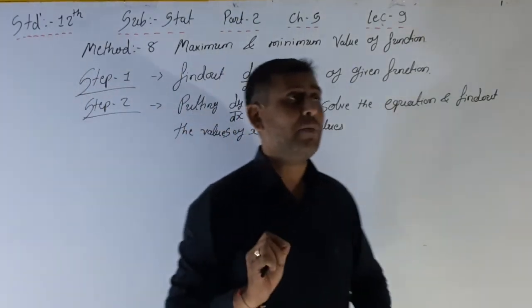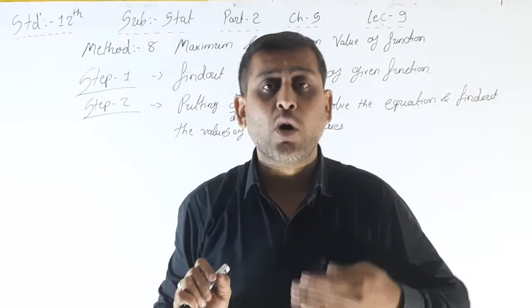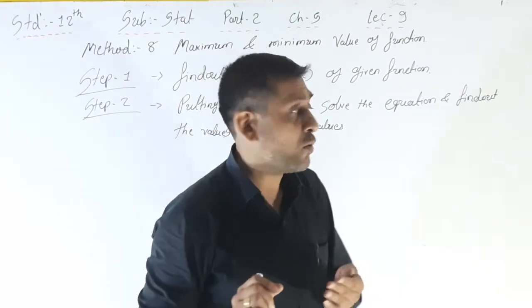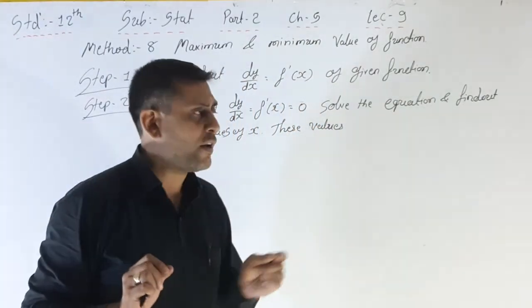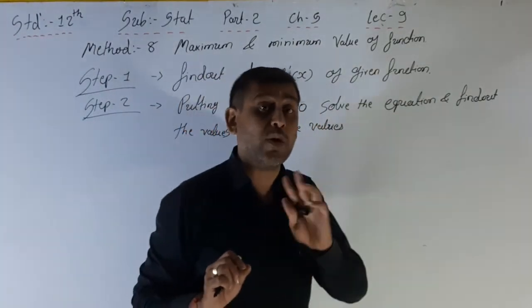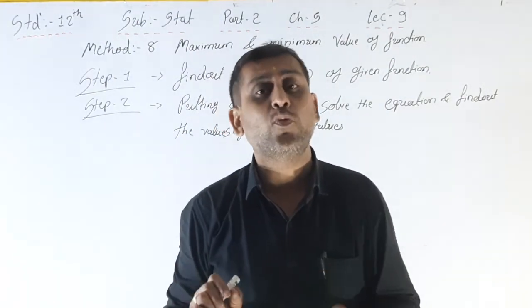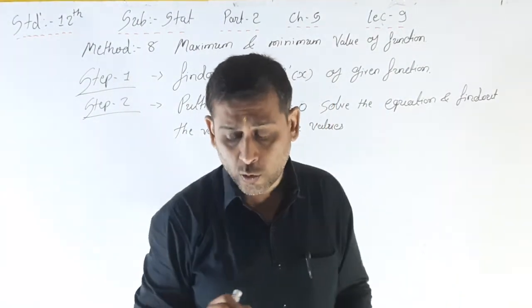Maybe sometimes one or two values of x are found from these. So if only one, then put that particular one value. If two values are there, then we have to put those two values, right?